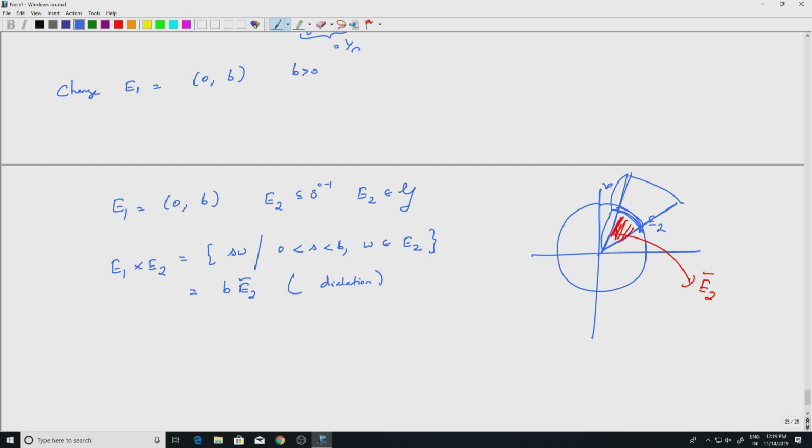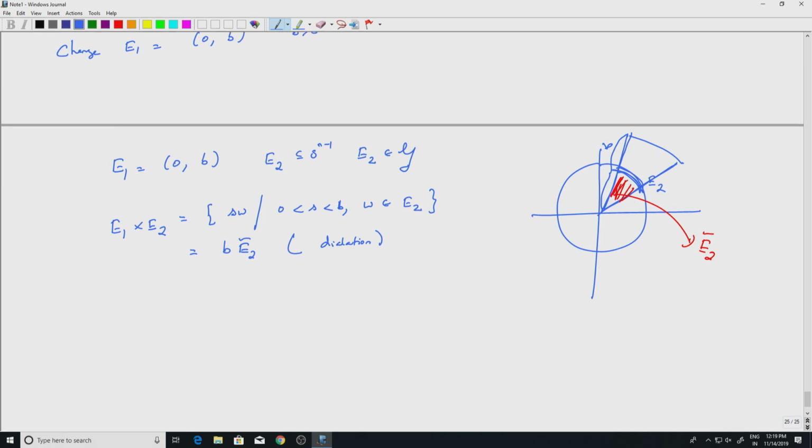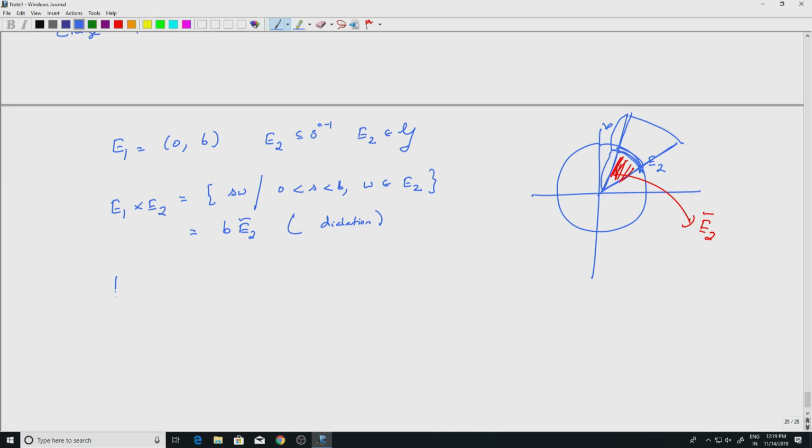Okay. So now let us compute the measures again. So mu cross sigma of this measurable rectangle E1 cross E2, where E1 is (0,b). This is equal to mu of E1 into sigma of E2 by definition.